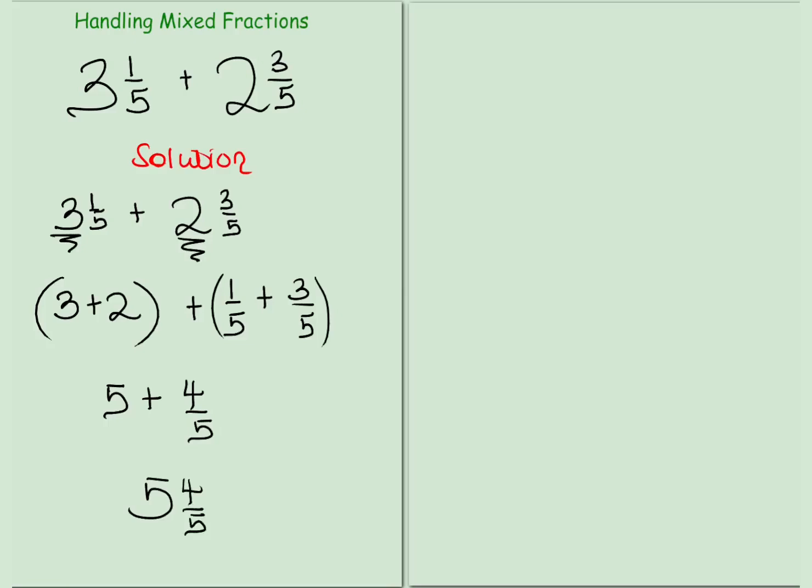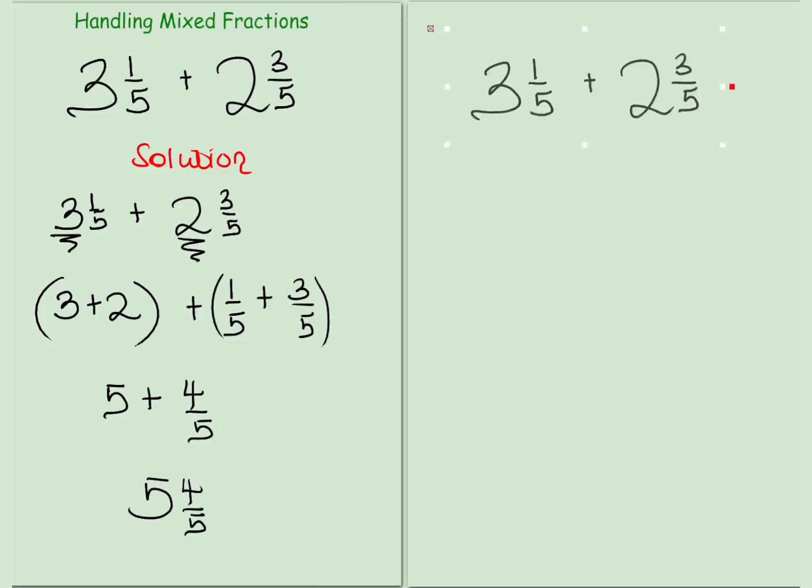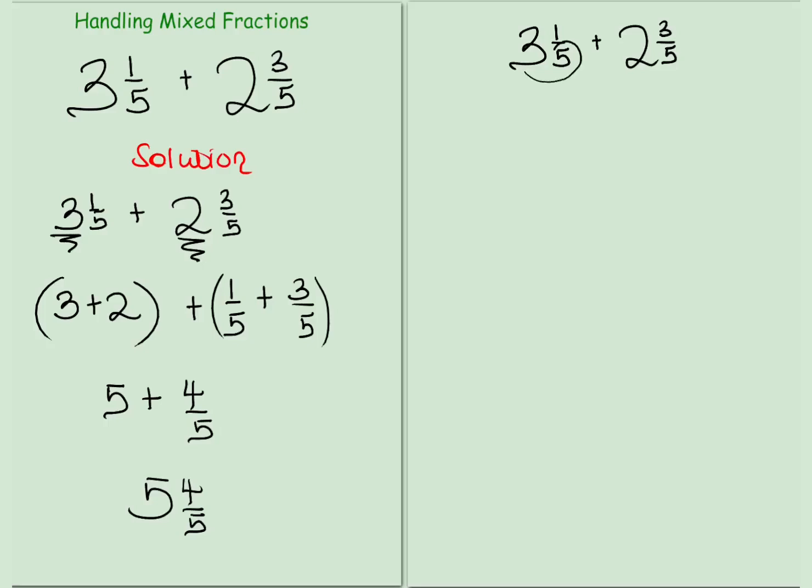You see. So this method, we add the whole numbers separately, and then you think of adding the fractions as well. Now, the other method says you should change both to their improper forms. Let's look at how that also plays out. So you need to change 3 whole number 1 over 5 to its improper form, so that you multiply your 3 by your 5, add the 1 to it.